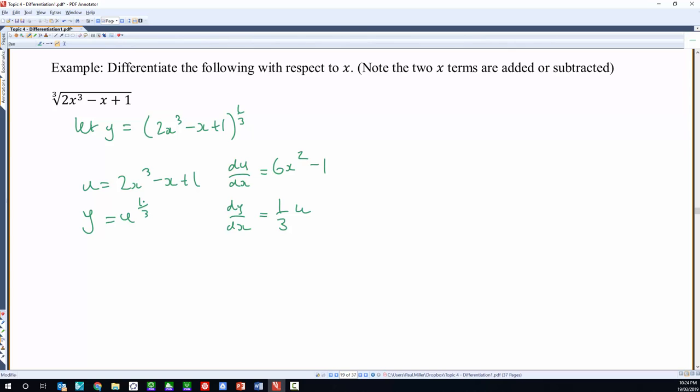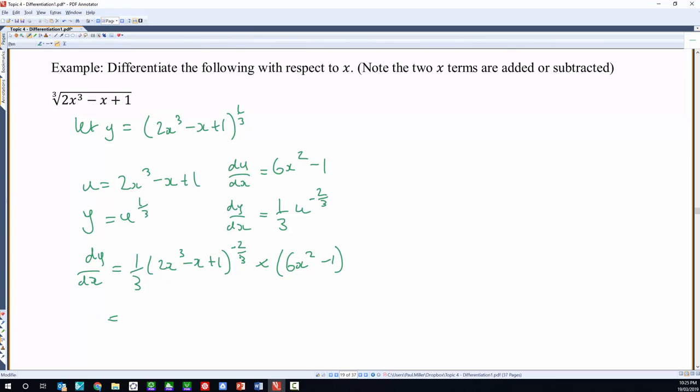I need to get that down by 1, so that's 3 on 3 removed from 1 on 3, negative 2 on 3. Right, let's do our derivative. It's the outer function, 1/3 u, which is this, 2x cubed take x plus 1 to the negative 2/3, multiplied by the inner, which is 6x squared take 1, again noting the use of brackets, equals.